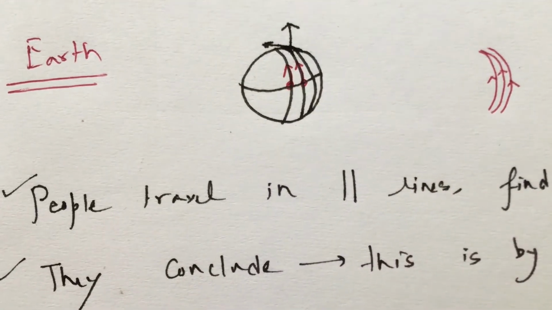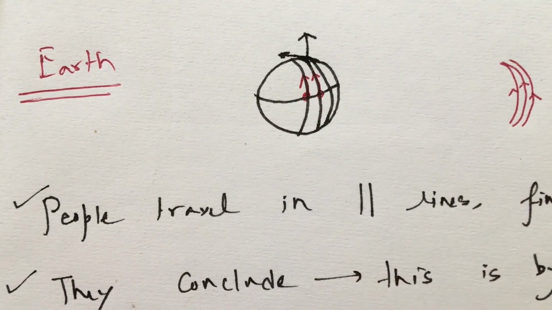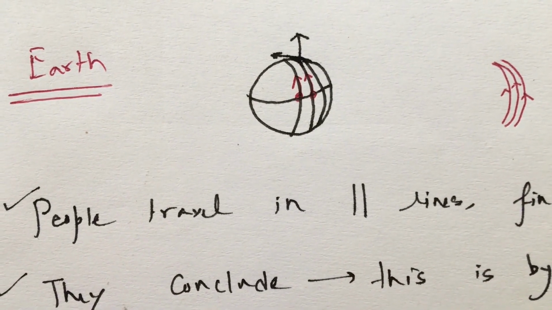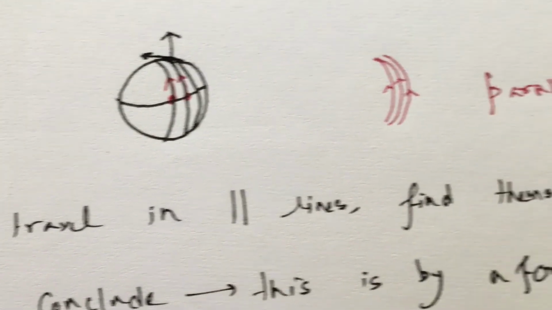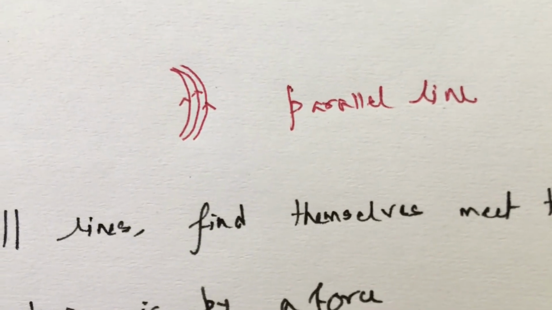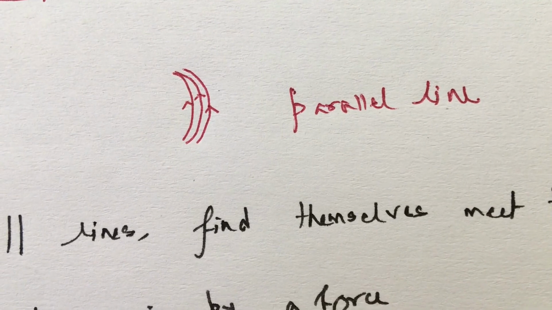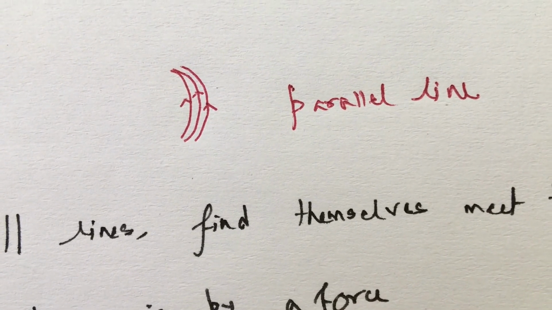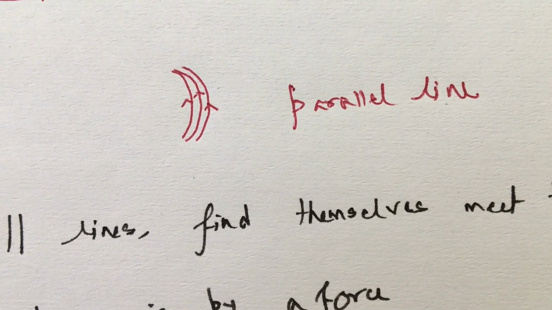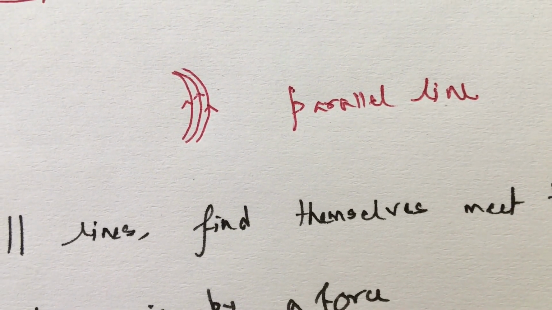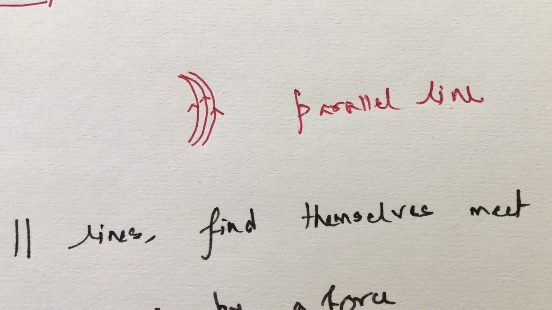If someone stands here and someone stands here and here also, and they start a journey going to the North Pole, they will think that they are going along parallel lines like this. But when they reach the North Pole, they will meet together. So they may conclude that there must be some force which is pulling them together, which causes them to meet, but there is no force.